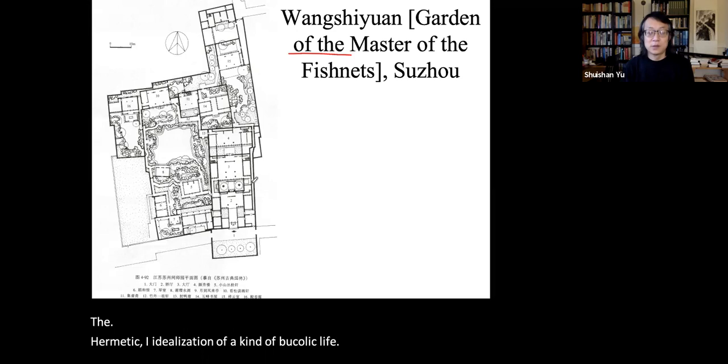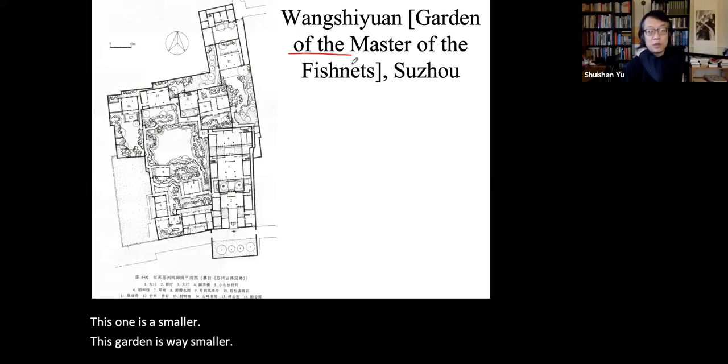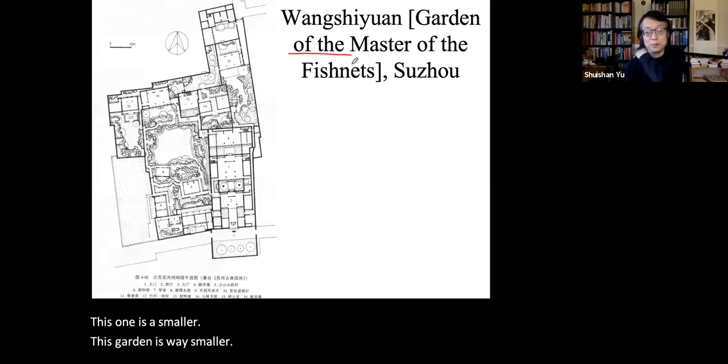This one is smaller. This garden is way smaller than Liu Yuan and Zhuo Zhengyuan, the previous two. You can tell that by looking at the size of the residence.